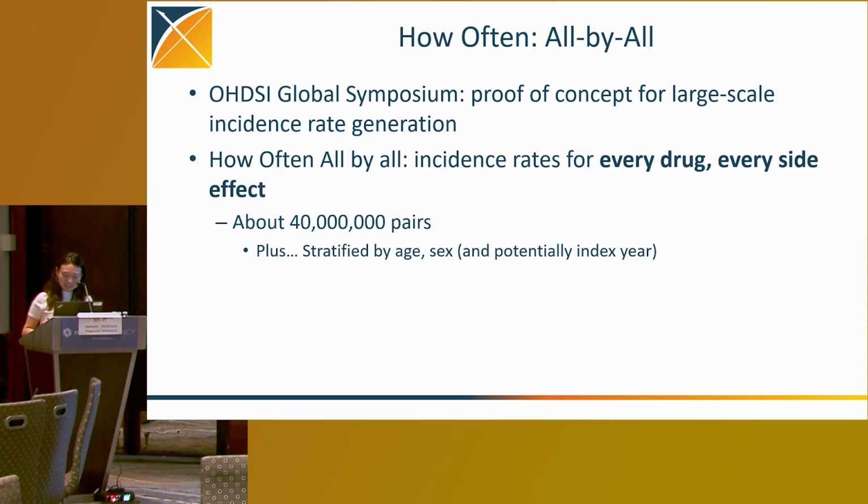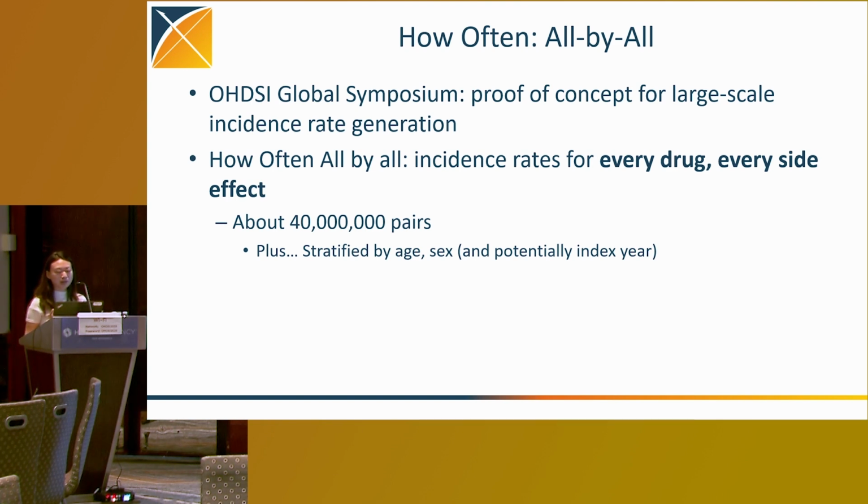Okay. So what else is on the docket? There's something called the How Often All by All initiative. This first started a while ago, but I picked up a little bit of the work once I joined Columbia. And the idea is that we did the OHDSI Global Symposium. It's proof of concept for very large scale and rapid incidence rate generation.